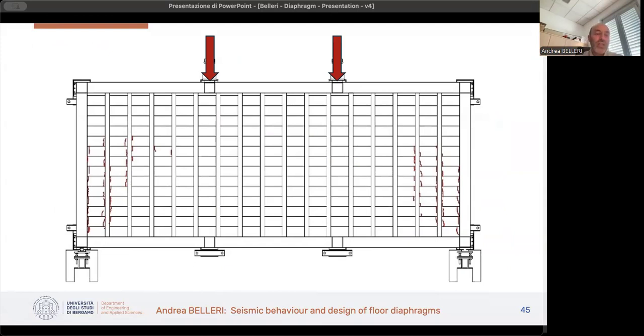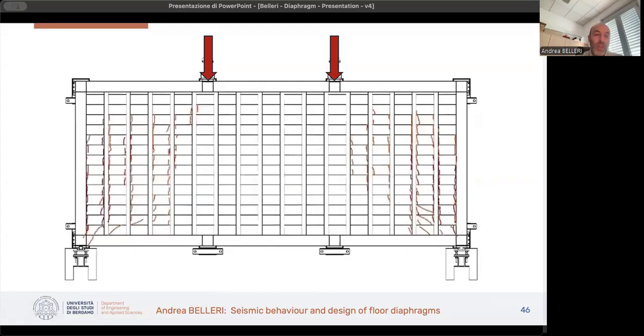And you can see the failure, with cracks developing along the edges of the blocks. Then, thanks to the provision of this additional reinforcement in the lower beam, the arch mechanism could start lowering down and engaging the reinforced concrete tie in tension.